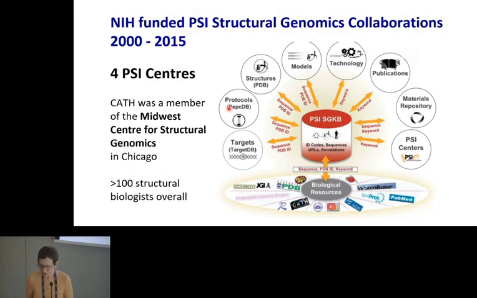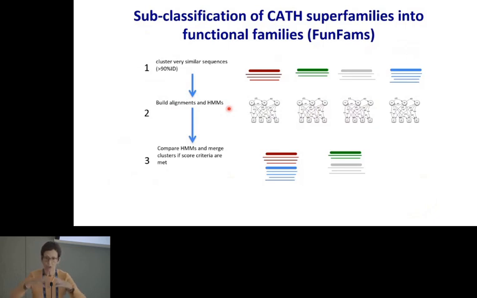And so how did we do that? This necessitated a completely new algorithm where we just worked with sequence data. And we took all the superfamilies, actually, and we first of all clustered by sequence information, very highly similar things. We can then build patterns from those highly similar things and use the lovely, wonderful tool of Johannes Soding, HH-Align, which allows us to then merge clusters that are highly similar in their sequence patterns.